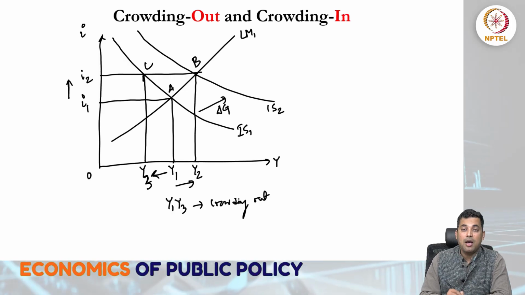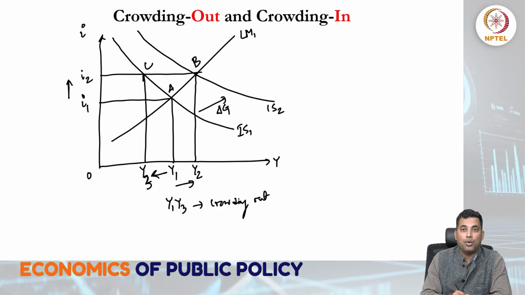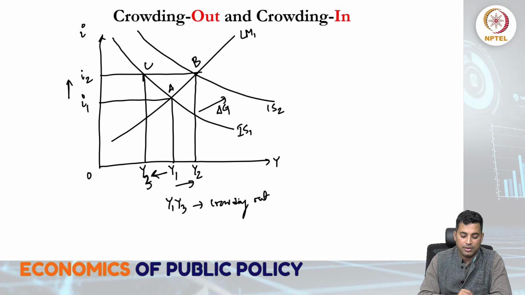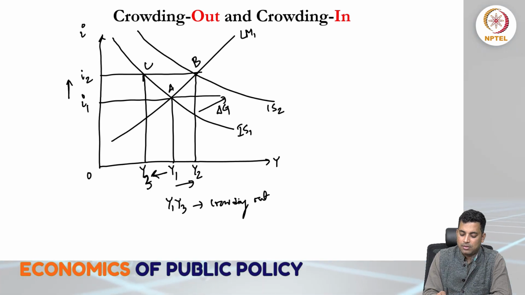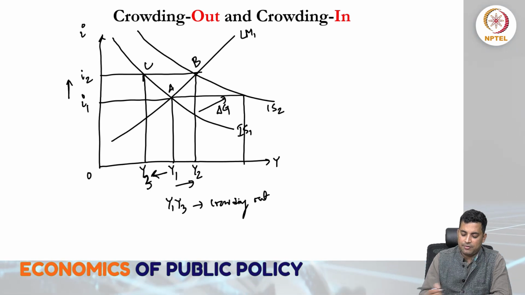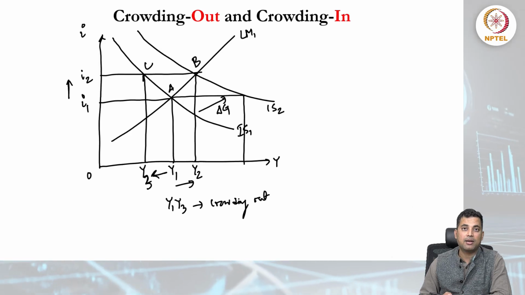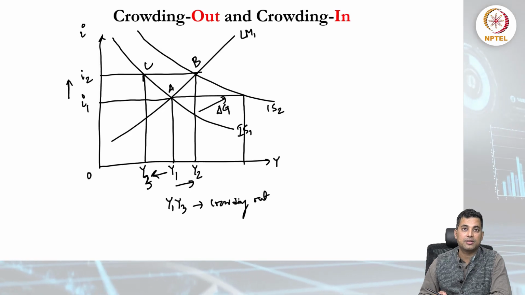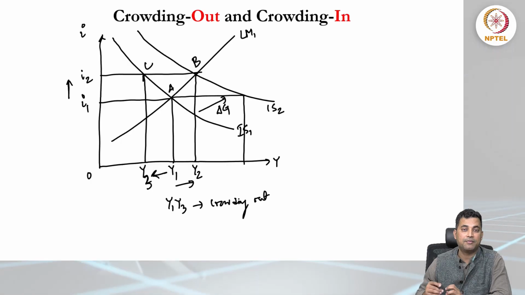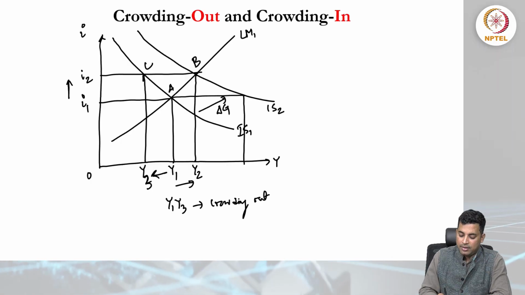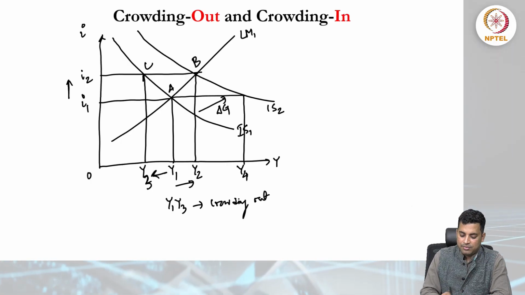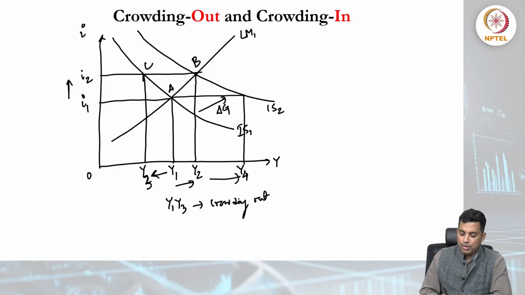But just imagine OI1 amount of rate of interest. If the money market doesn't respond that way, and the rate of interest is kept at a fixed rate like OI0, then output will be increased from Y2 to Y4.